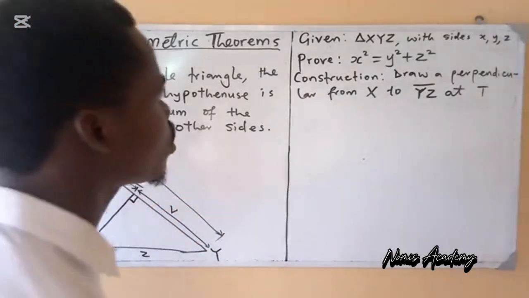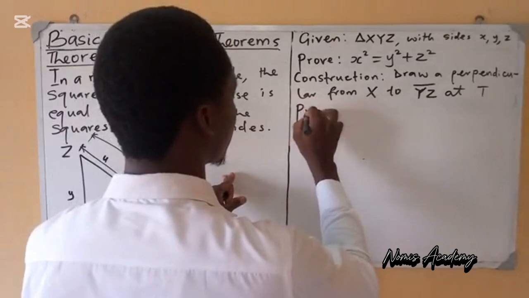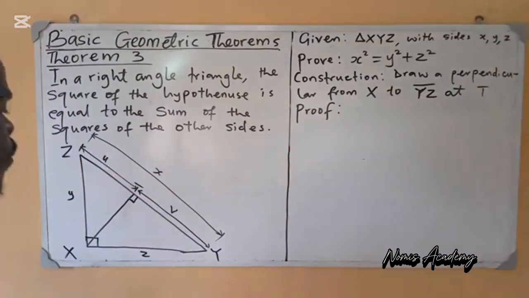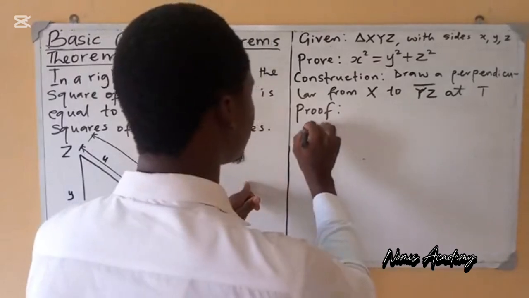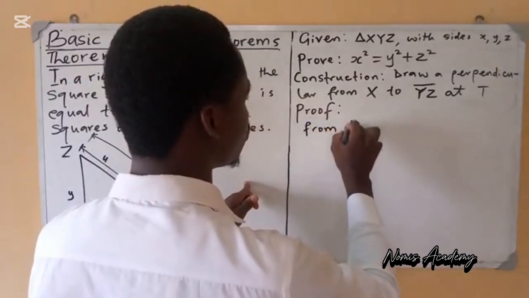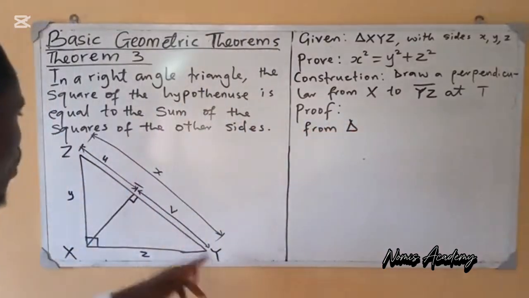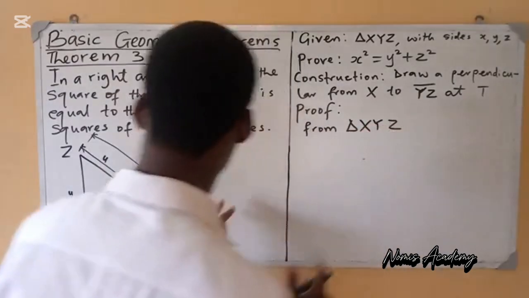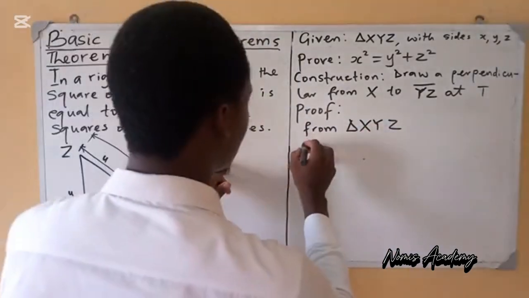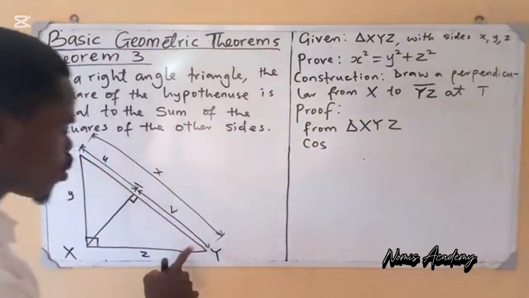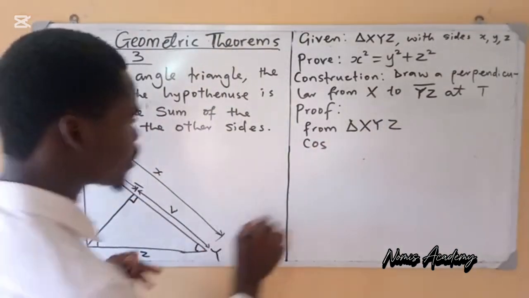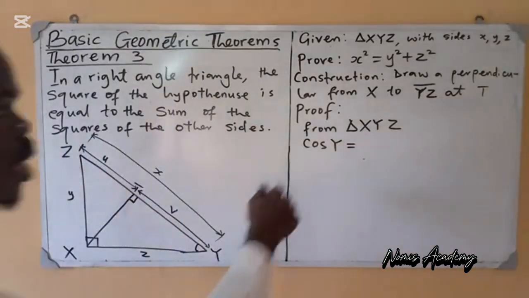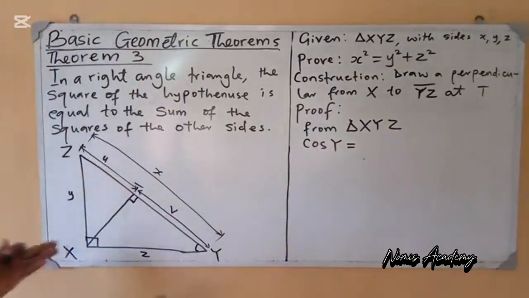So let's continue with the proof. The proof proper. Now, from triangle XYZ, that's the whole triangle, let's pick Y. Cos Y is equal to, remember cos is adjacent over hypotenuse.